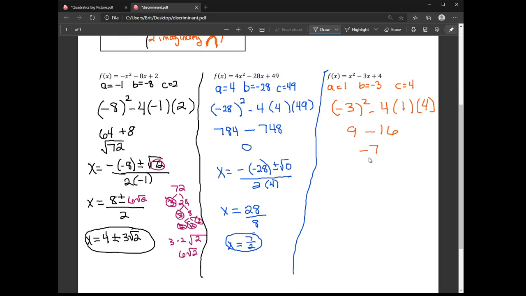So because this value, which will go under a radical, is negative, I'm going to get an imaginary number for my answer. So if I take it to the quadratic formula, I say x equals negative b, so negative negative 3, plus or minus the square root of negative 7, all over 2 times a.